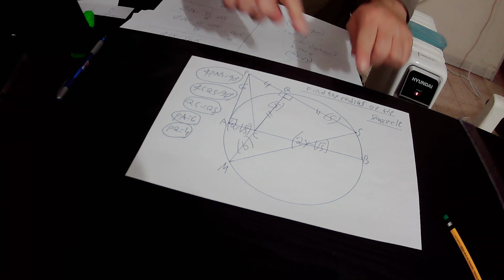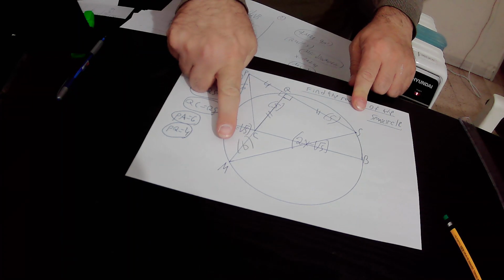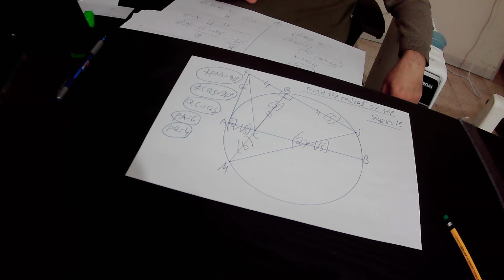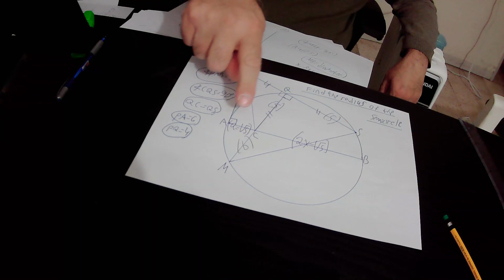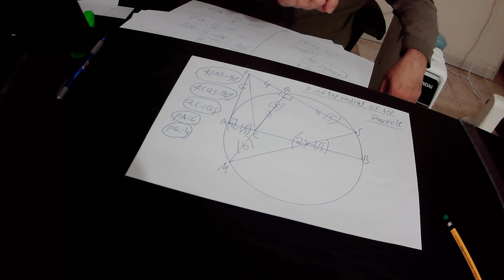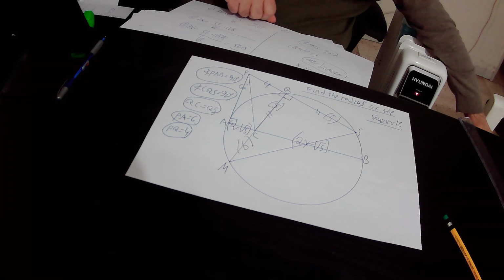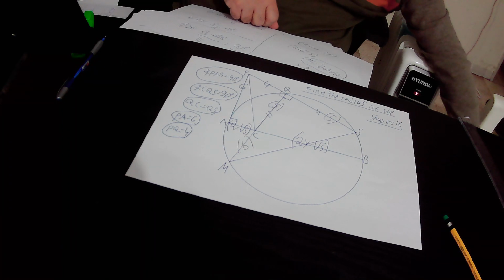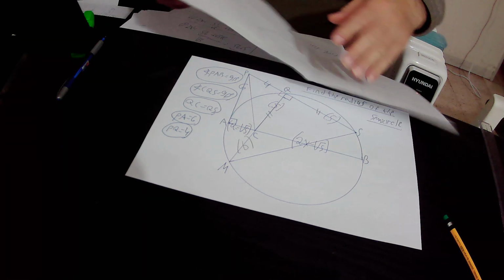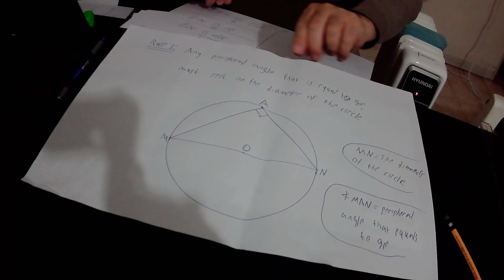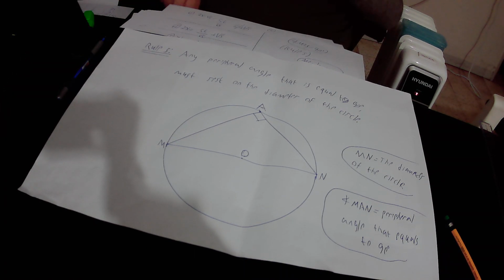Then we joined points S and M together by a straight line. In the drawing we have peripheral angle MQS that is equal to 90 degrees. And according to rule number 5, any peripheral angle that is equal to 90 degrees must rest on the diameter of the circle.